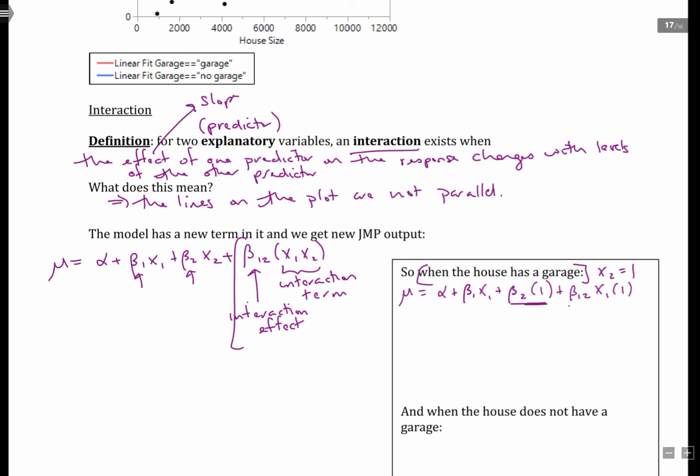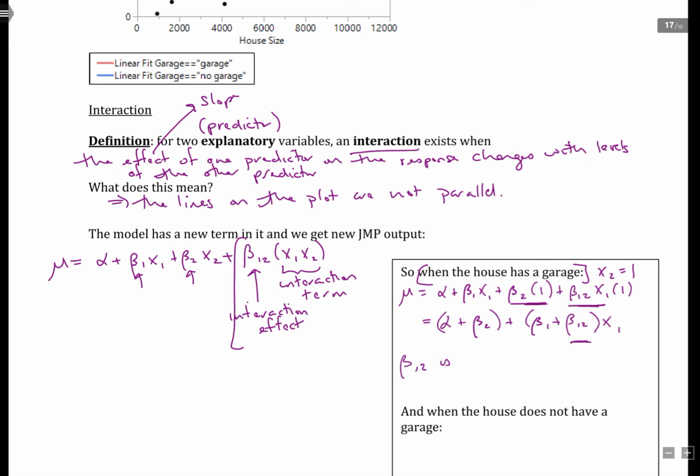But now I can see that I have an additional change on that slope. So let's group our terms together. I've got alpha plus beta 2, so that's my intercept, plus beta 1 plus beta 1,2 times x1. So here I've just pulled my coefficients on x1 together. So now I can see that when I have a garage, my slope changes by beta 1,2.